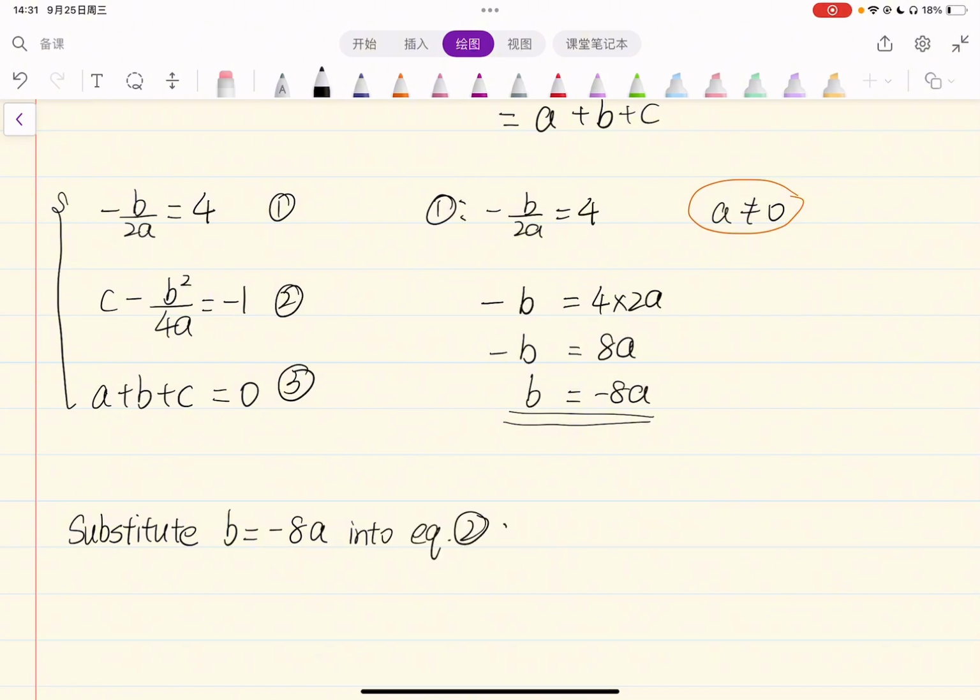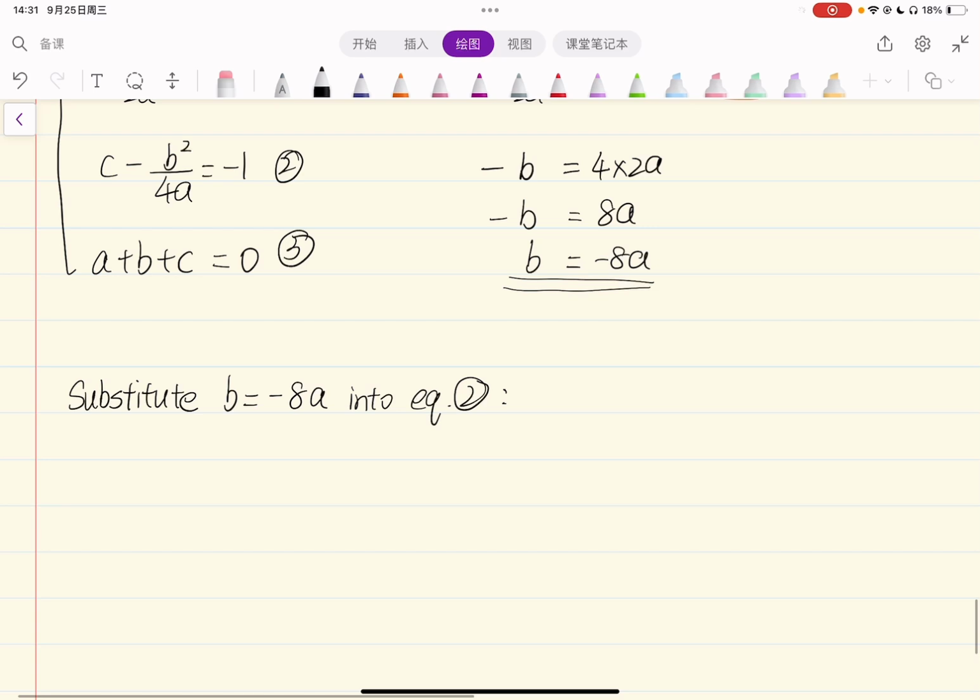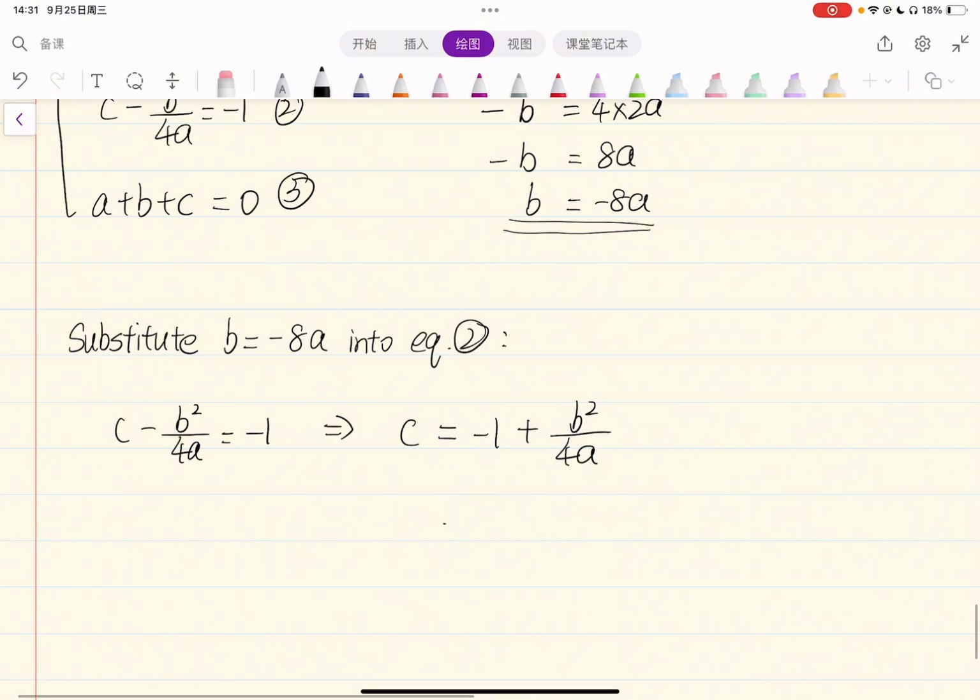What we have, c minus b squared over 4a equals minus 1, implies c equals minus 1 plus b squared over 4a, and substituting b, we get minus 1 plus minus 8a squared over 4a.